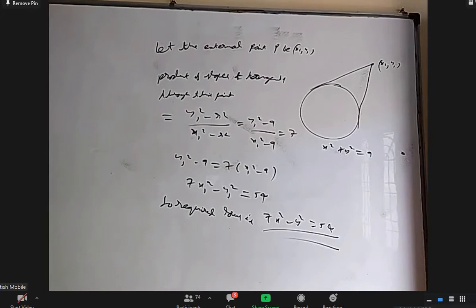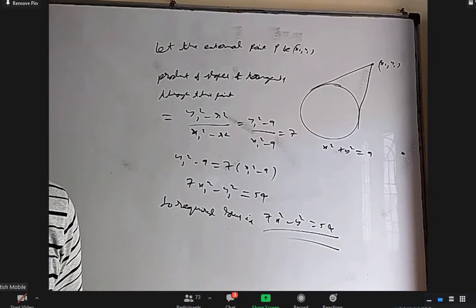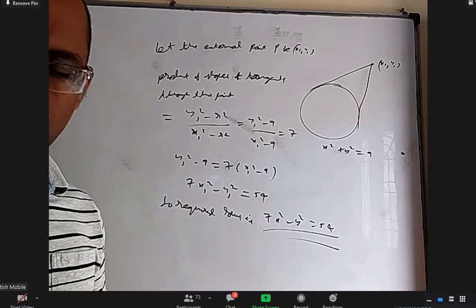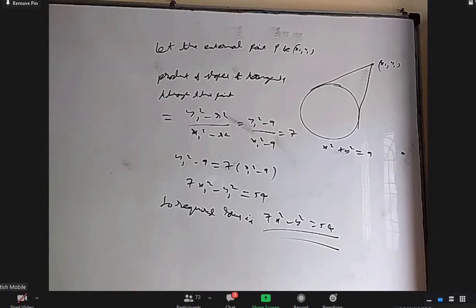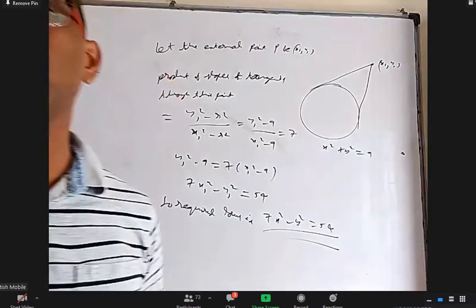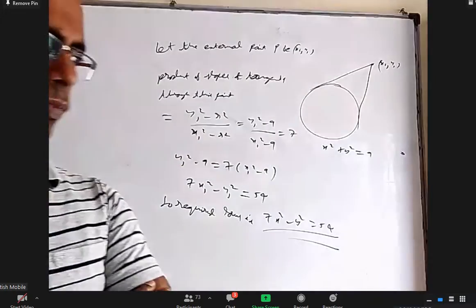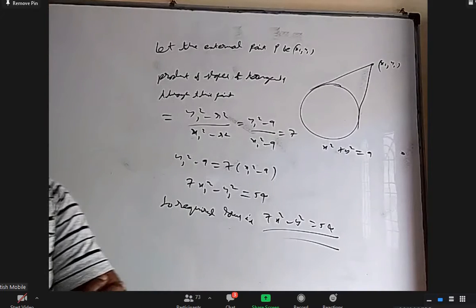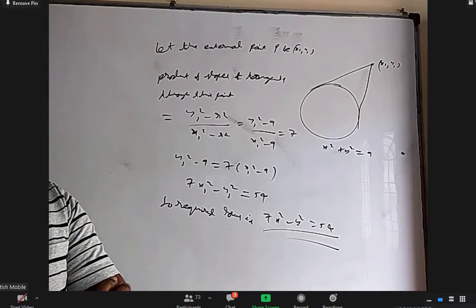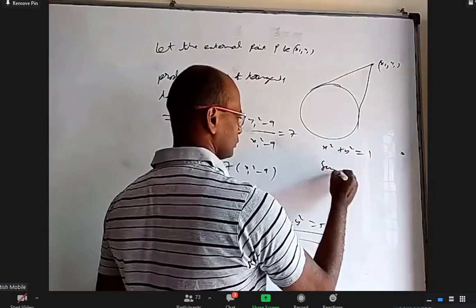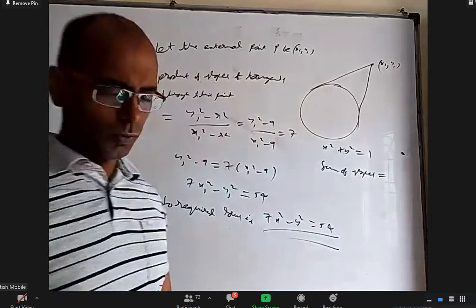From an external point P, two tangents are drawn to the circle x square plus y square equal to 1, such that the sum of the slopes is 5.